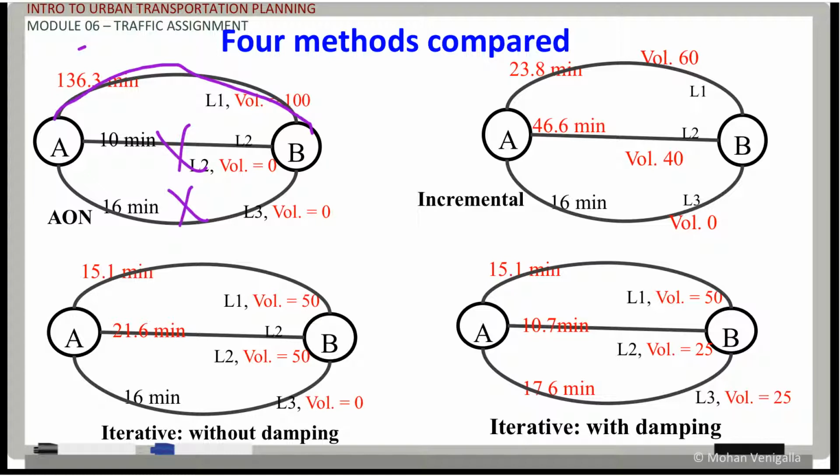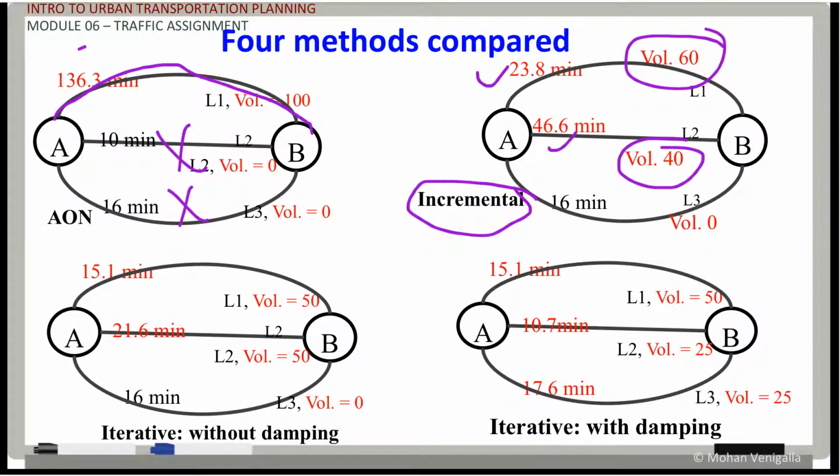And we said, wait a minute, that's not going to be right. And then we went to incremental. We used 40, 30, 20, 10 in iterations 1, 2, 3, and 4. And in the end, you ended up with 60 on L1, 40 on L2, with a travel time of almost 24 and almost 47 on those links.